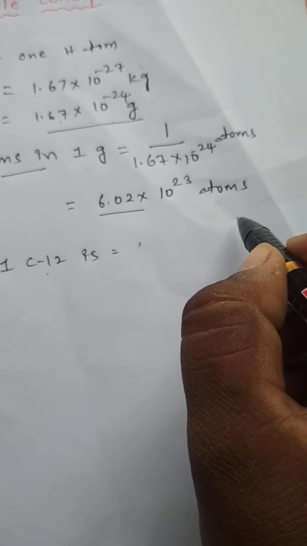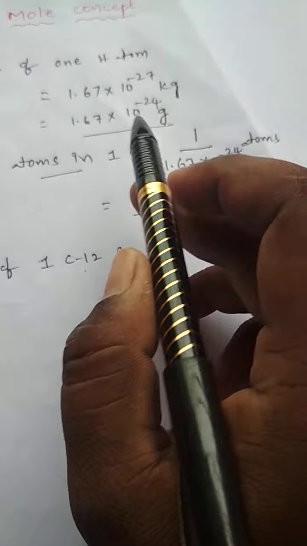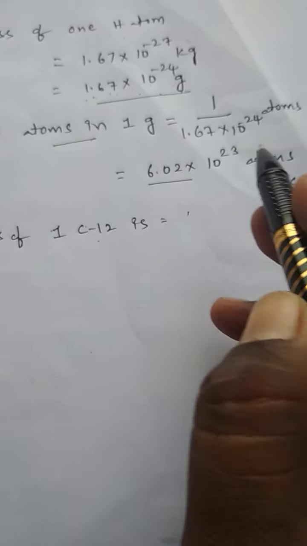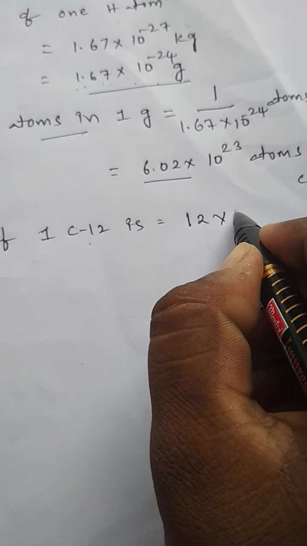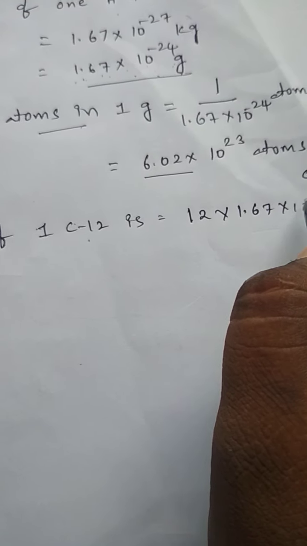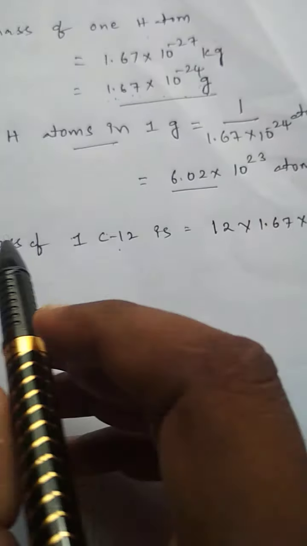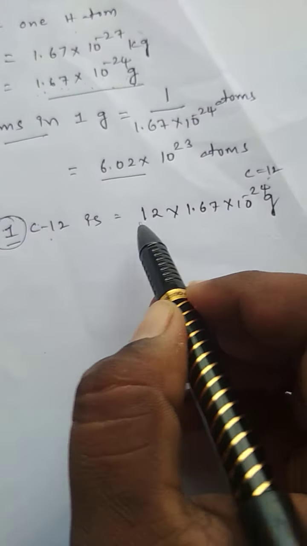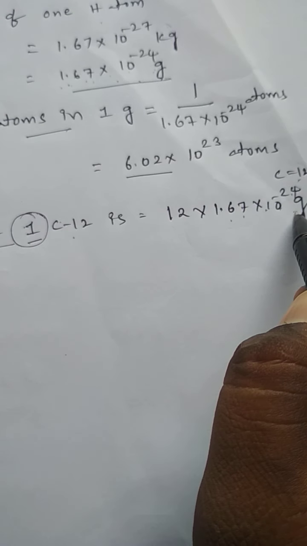The atomic mass of carbon is 12. For 12 grams, that is equal to 12 into 1.67 into 10 to the power of minus 24 grams. The mass of one carbon atom is 12 into 1.67 into 10 to the power of minus 24 grams.